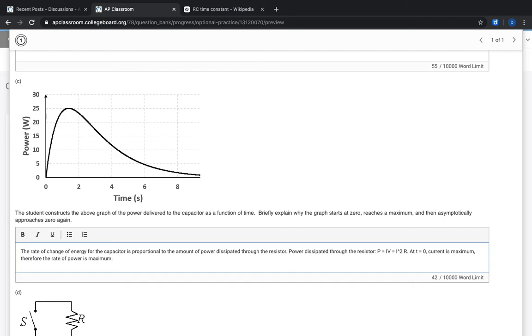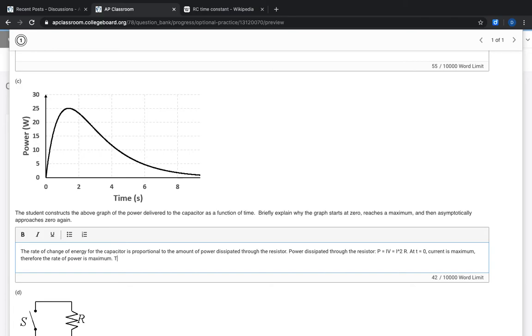And then the amount of power being dissipated through the resistor is eventually going to reach 0. Therefore, it's going to start at 0, close the switch, and then it's got to reach some kind of maximum before it gets back to 0.